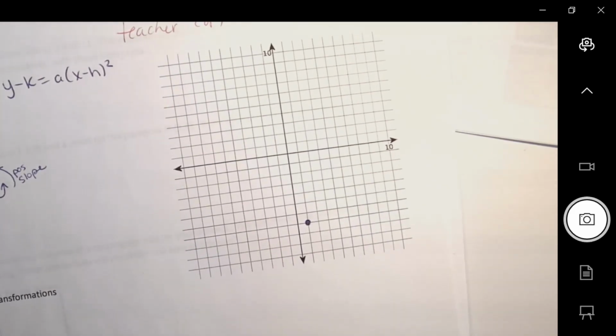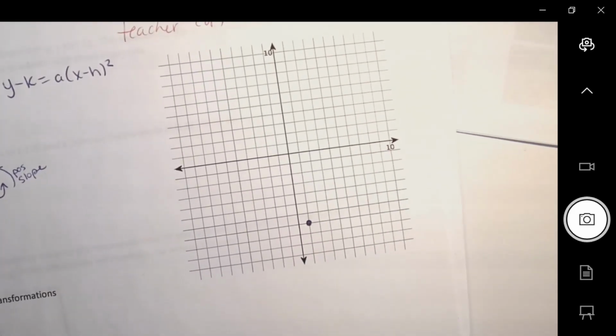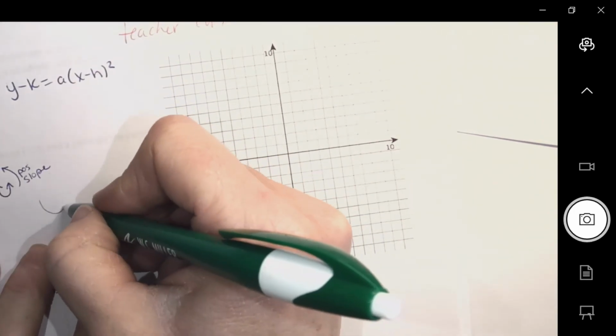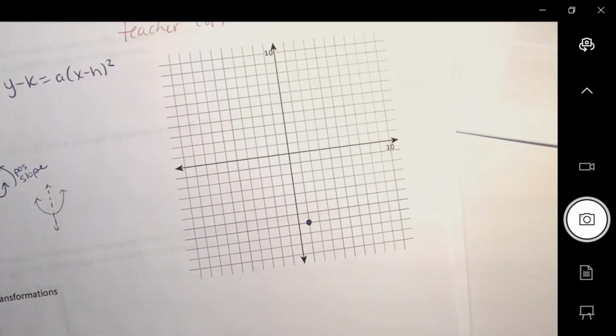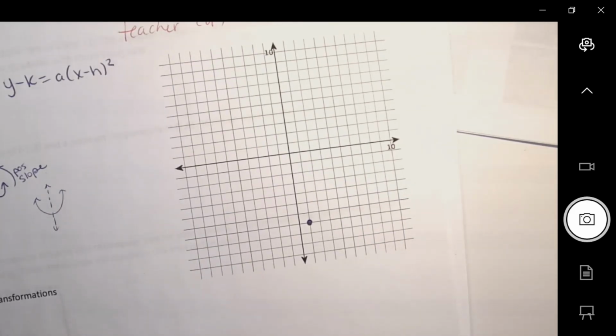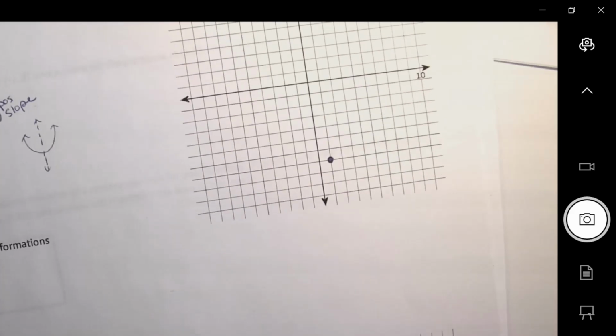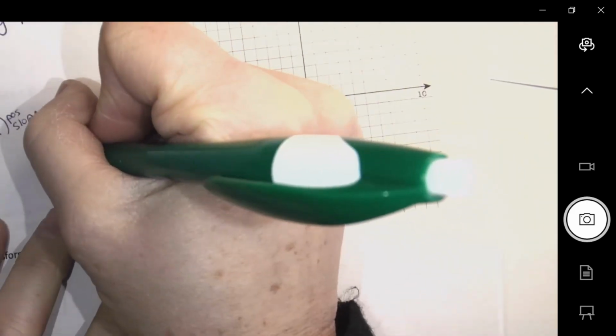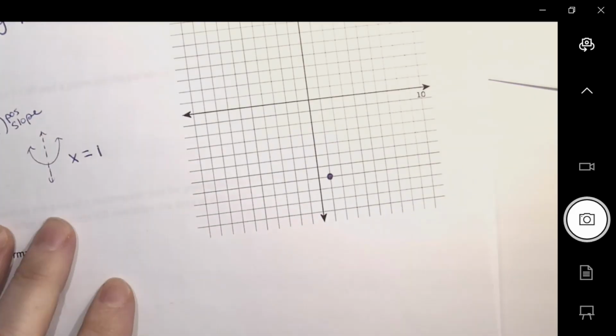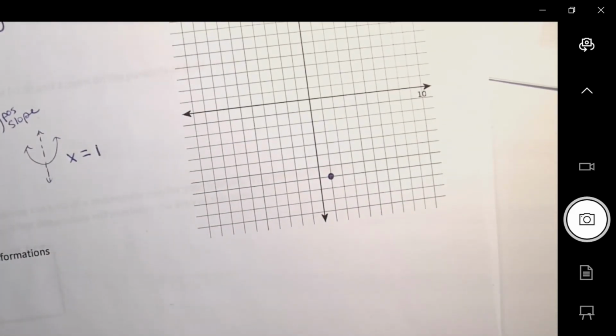So positive slope means I'm going to have my U open upward. The axis of symmetry, do you remember what that is? It is the line that would cut it in half, if I could cut it in half. Therefore, it goes straight up and down. It's a vertical line. So how do we make an equation?